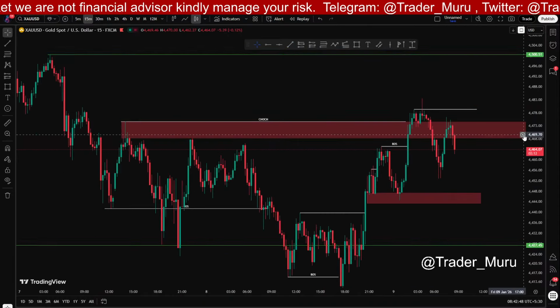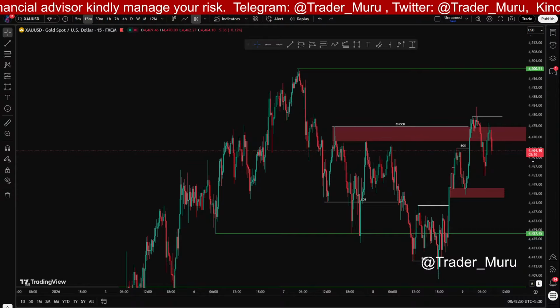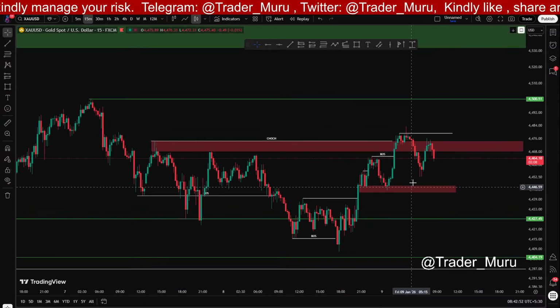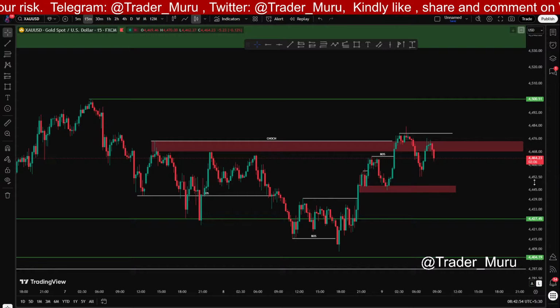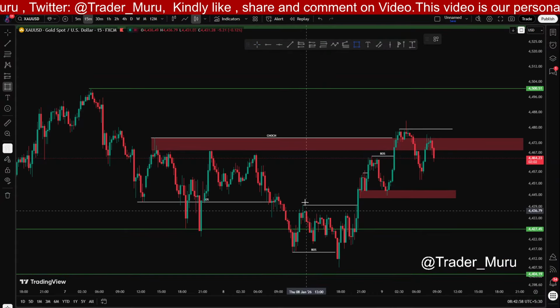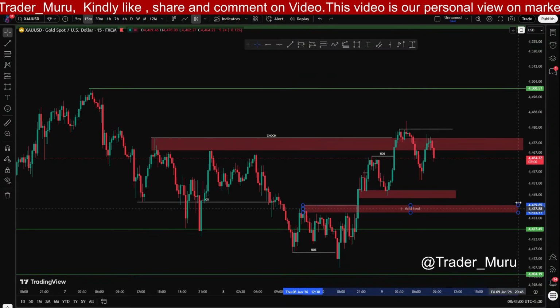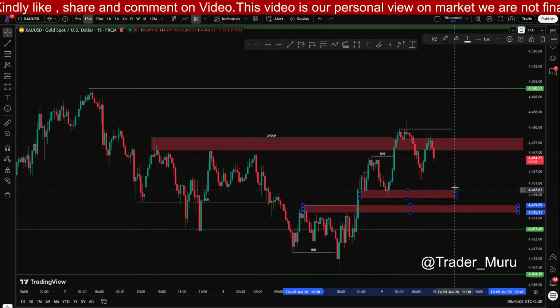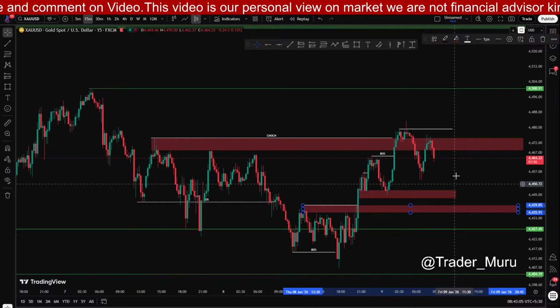So according to the 15-minute time frame, this is also a buying zone, and a liquidity hunt is possible. If a liquidity hunt happens, then price can tap this area, again reclaim and pump.